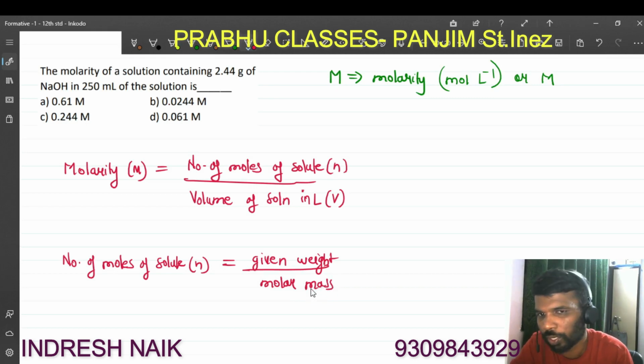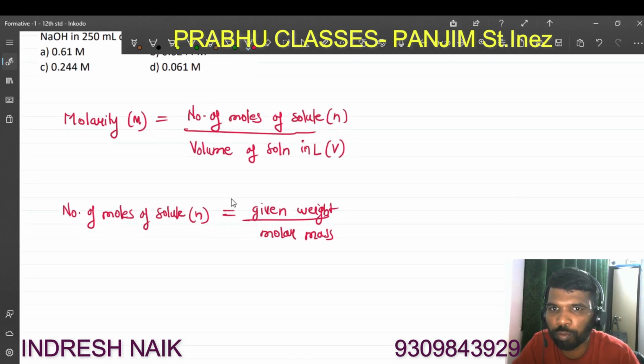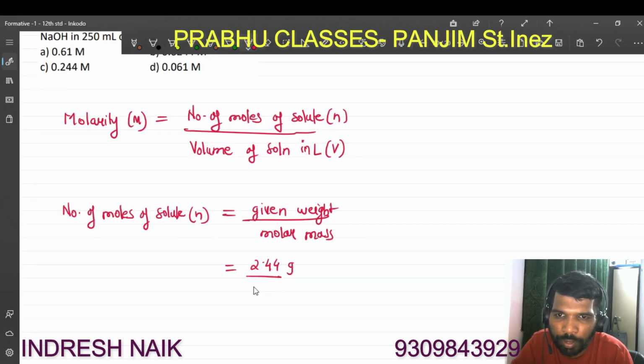Okay, this way. So over here, what is the number of moles? Given weight is 2.44 gram.